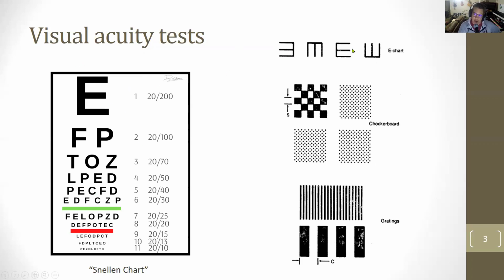There are also E charts, where you say the orientation of the E. If you can't resolve enough detail, these would just look like squares, and it'd be hard to tell which way the E opens. Similarly with other patterns and gradients, you identify whether you still see shapes or it all blends together into a gray. But the Snellen is the most well-known, most well-practiced type of assessment.